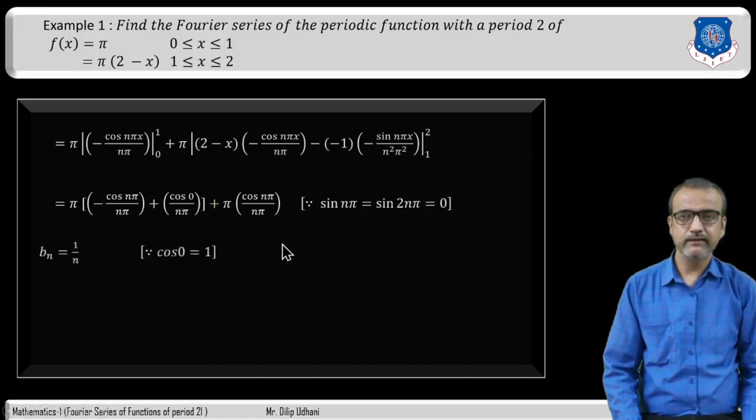Now we have to simplify this result. So this term minus cos n pi divided by n pi and cos n pi divided by n pi will cancel out. Now if we multiply pi by cos 0 by n pi, pi will cancel out, and the value of cos 0 is 1 divided by n. So this is the value of Bn.